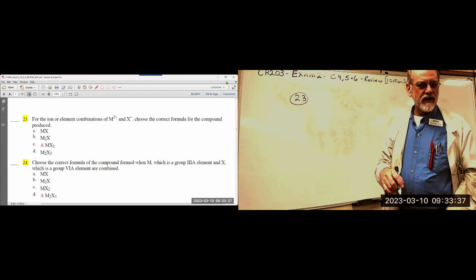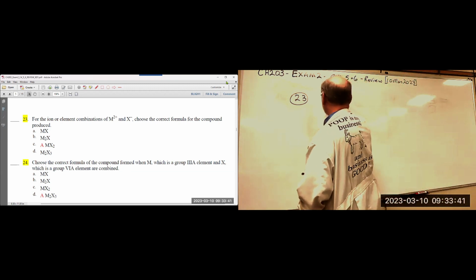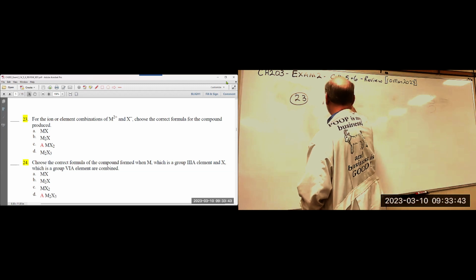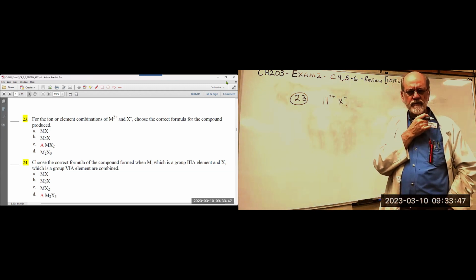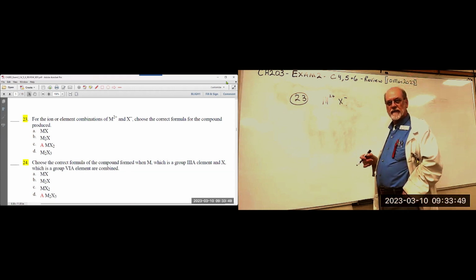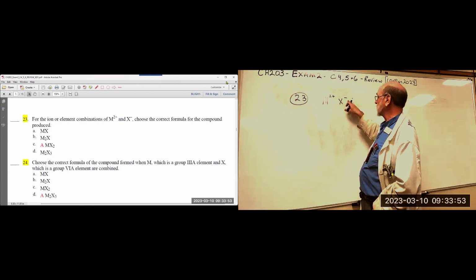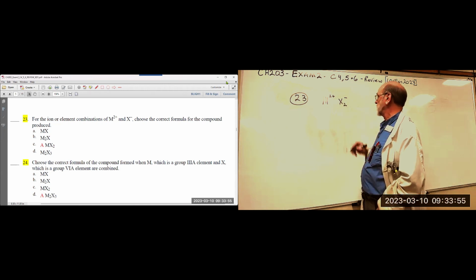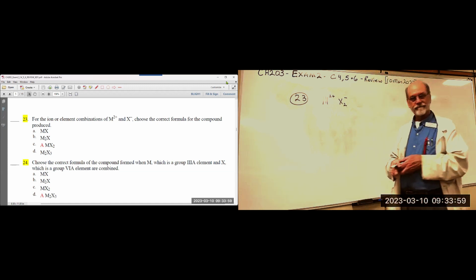For the ion or element combination of M2 plus and X minus, okay. Choose the correct formula for the, oh, okay. Just balance the charges, right? So we need 2 minuses over here. That means MX2 should be the correct formula.